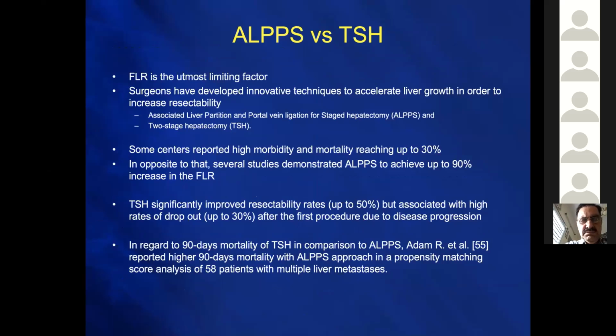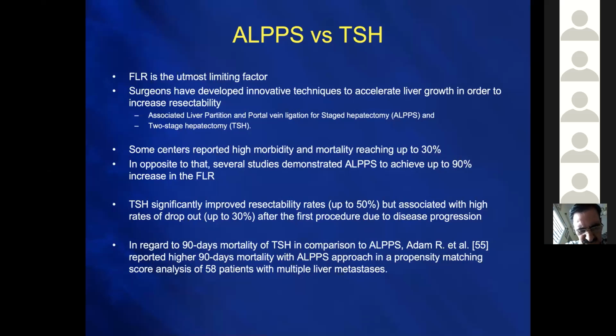Surgeons have developed these techniques I told you about to increase resectability: associated liver partition and portal vein ligation for staged hepatectomy (ALPPS) and two-stage hepatectomy, where you resect some part, go back and resect again. Some centers reported high morbidity and mortality reaching up to 30%, but some centers say they are able to improve the liver volume by up to 90%.